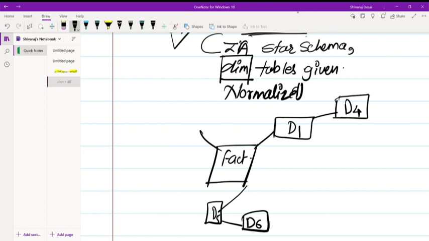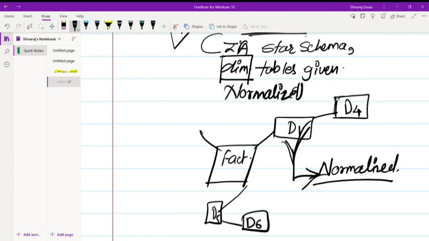Snowflake is used to manage the size of the dimension tables, and for that purpose we use it. The dimension tables should be in normalized form, meaning a dimension table may have another dimension table too. So this is the snowflake schema.